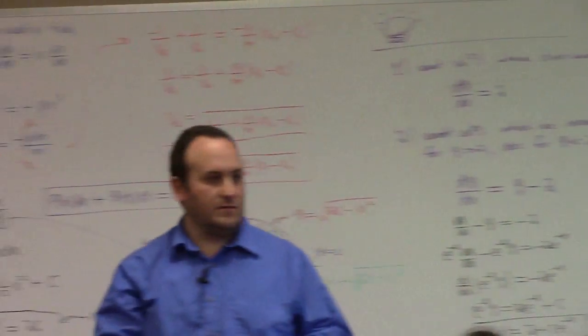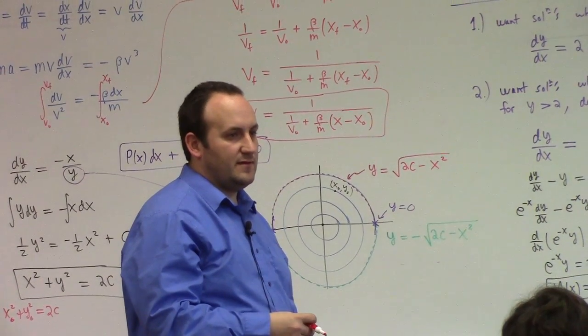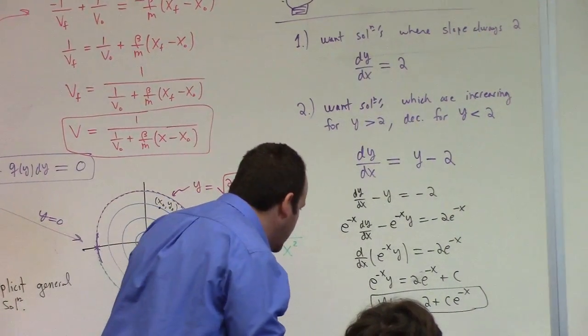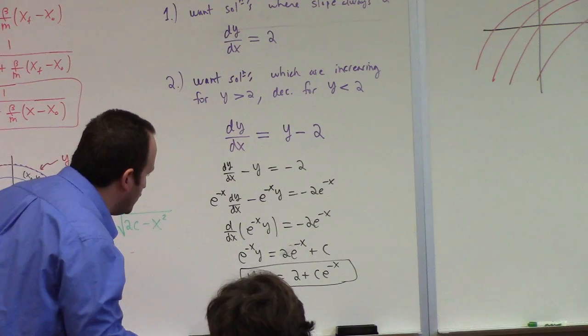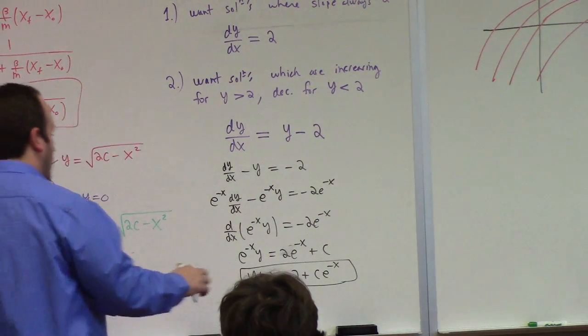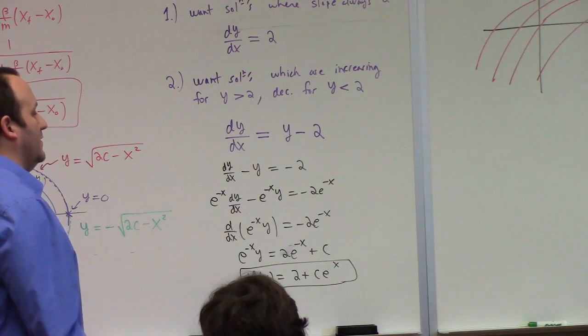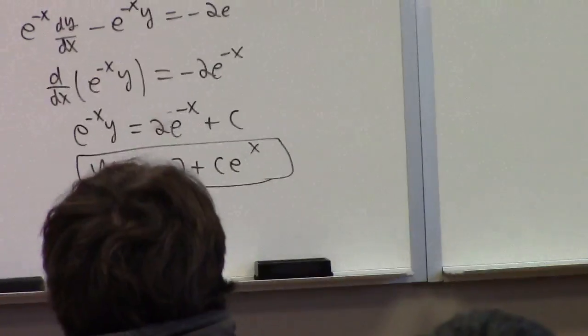As you can see, oh, I'm sorry, what did I do? It would be c times e to the x. Yes, it would. Thank you. Oh, now my picture's wrong.